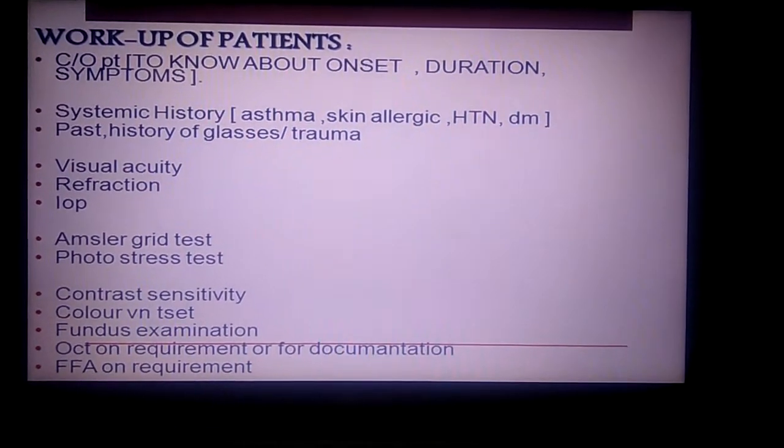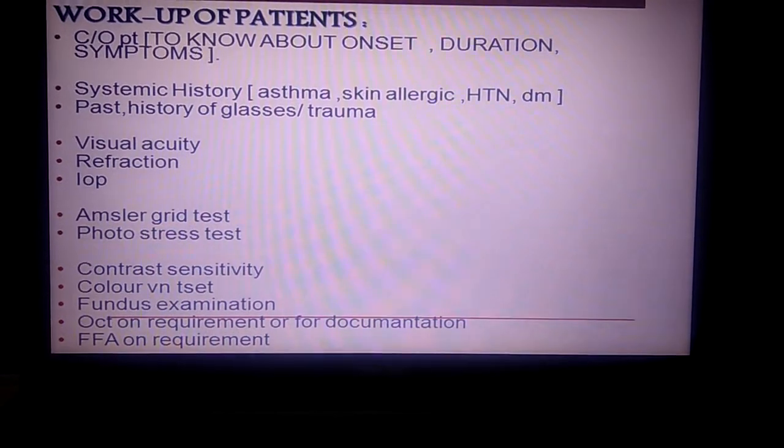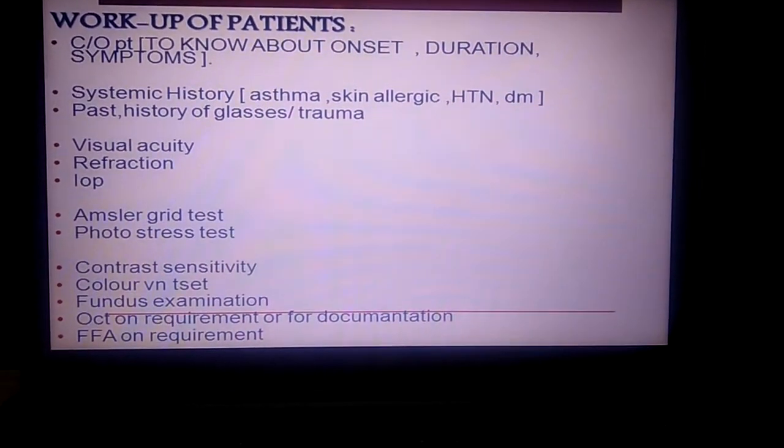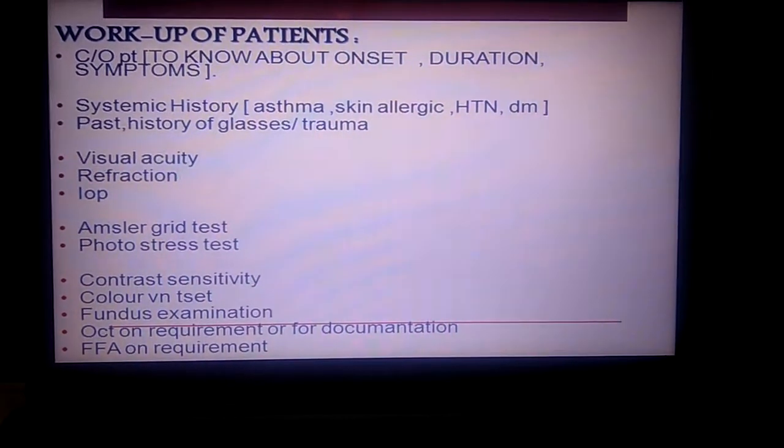Now I want to talk about the workup of a patient in the case of CSR. Suppose you are doing clinical practice at your clinic or in a hospital.